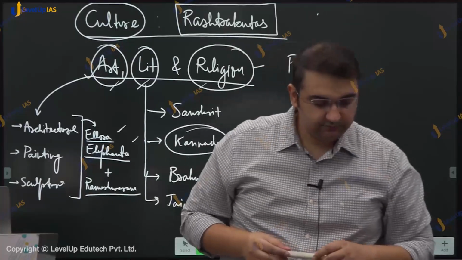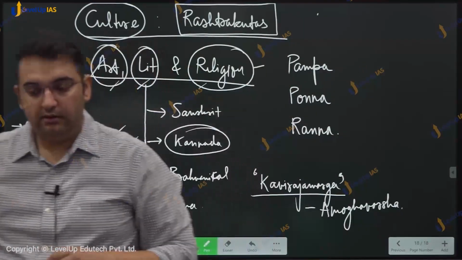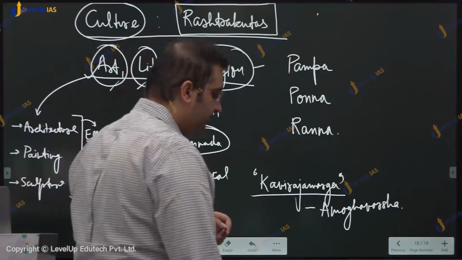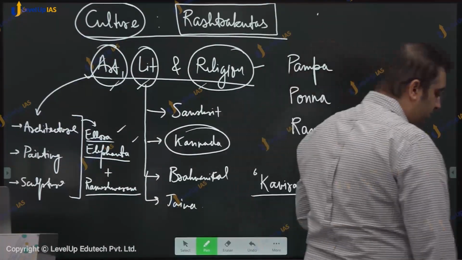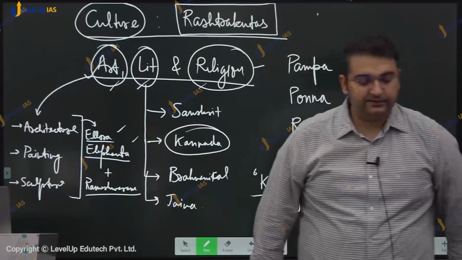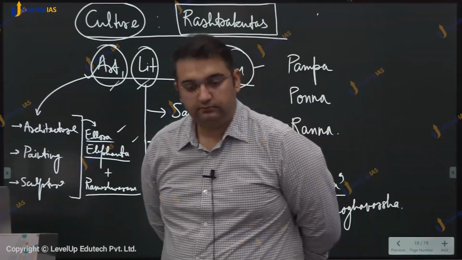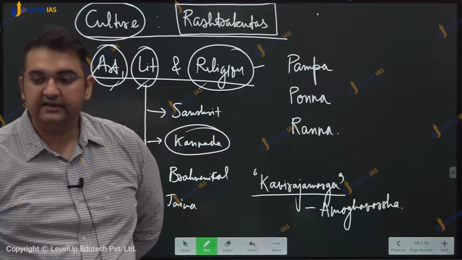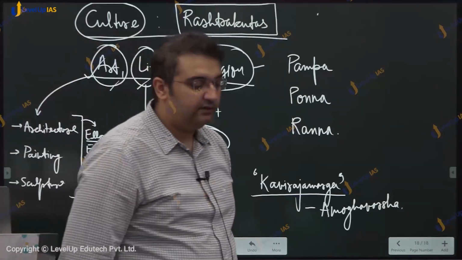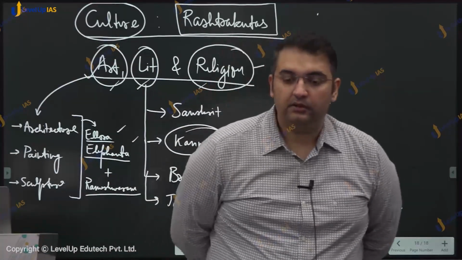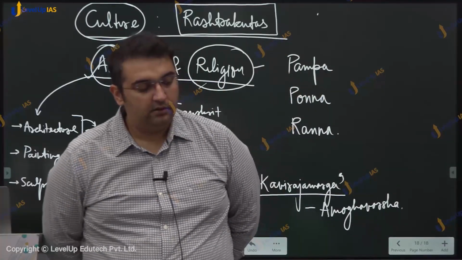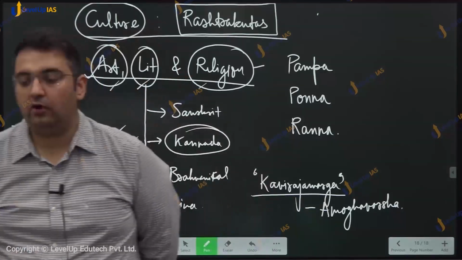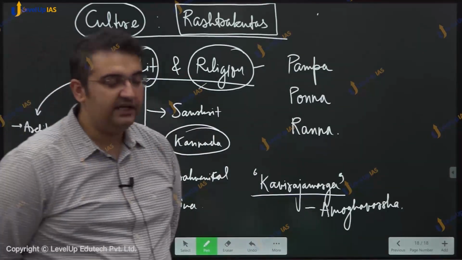Unlike the paintings at Ajanta, these paintings, number one, cover themes from not only Buddhism but also Jainism, Vaishnavism and Shaivism.